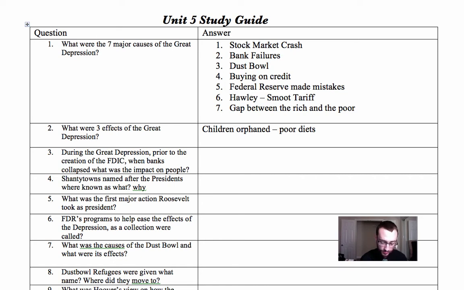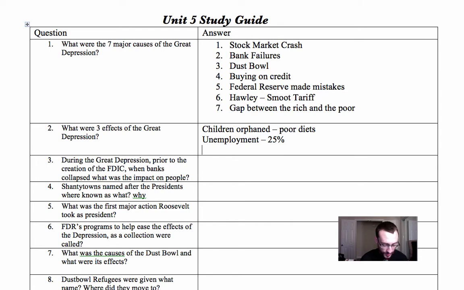Also know that people lost their jobs, so they became unemployed. The number that you will need to know for the test is 25%. 25% of the American population, or of those that could work, were unemployed. That's a huge, huge number. That's massive. And then also people lost their homes, so they became homeless.